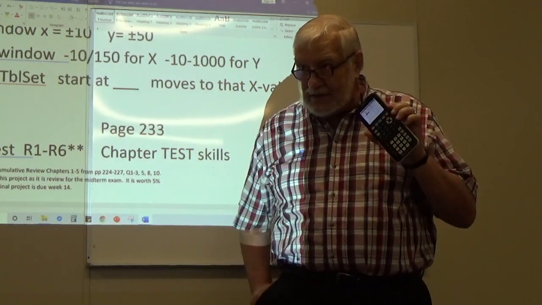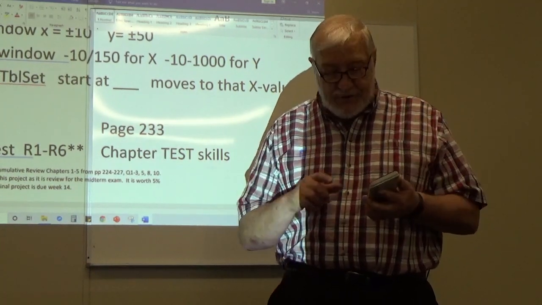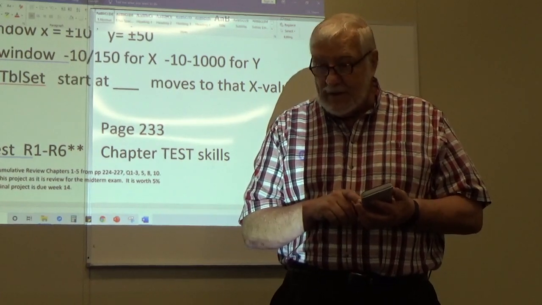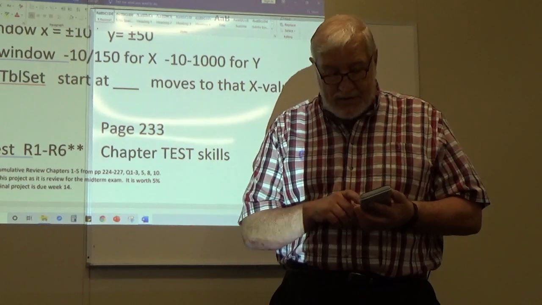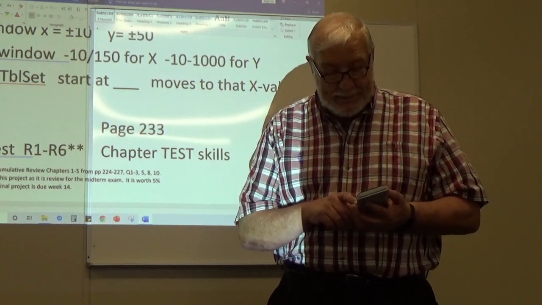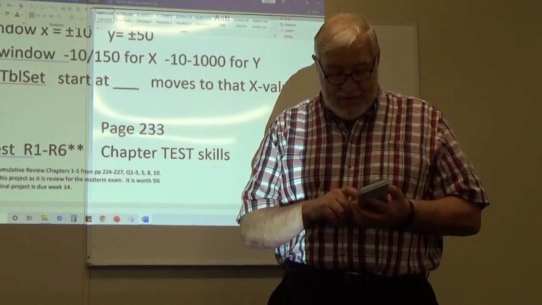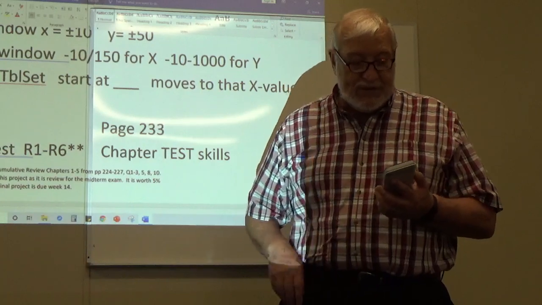All right, how do we get the equation? You go back to stat, and then go over to calc, and then do what? Quadratic. Okay, so you press 5, and then go down to calculate, and what's the equation say?